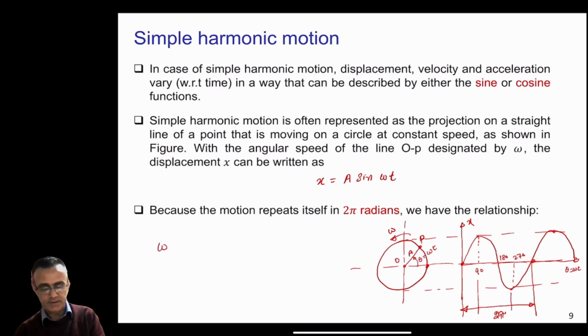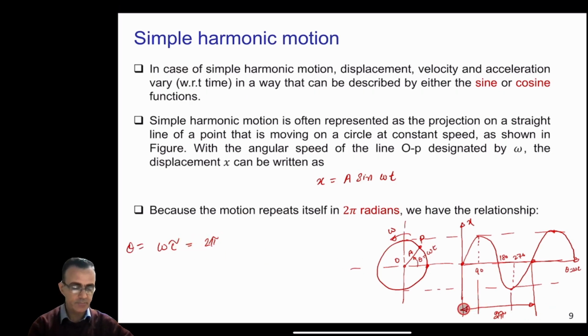Therefore, you can say that this angle theta, which is omega tau, is 2 pi, because theta is equal to omega t. Because we know that the time period is from here to here, tau is the time period, which is the time in which the motion will repeat itself. So if you multiply the time period with omega, that is just 2 pi for this specific case. So omega tau is equal to 2 pi.